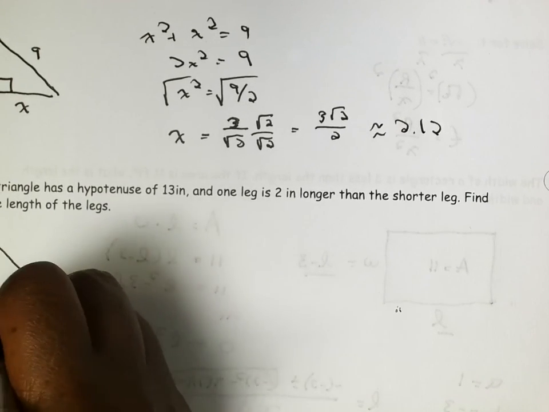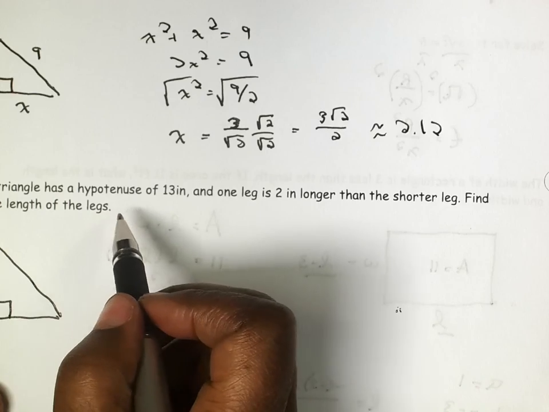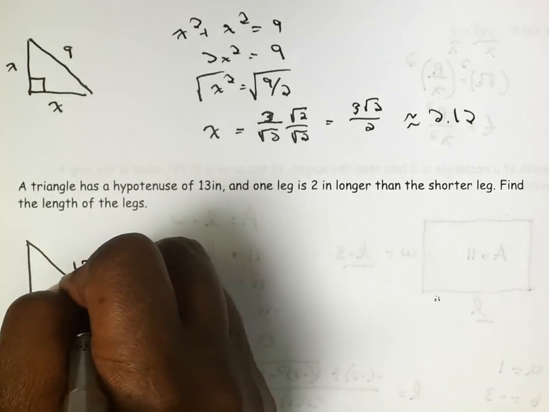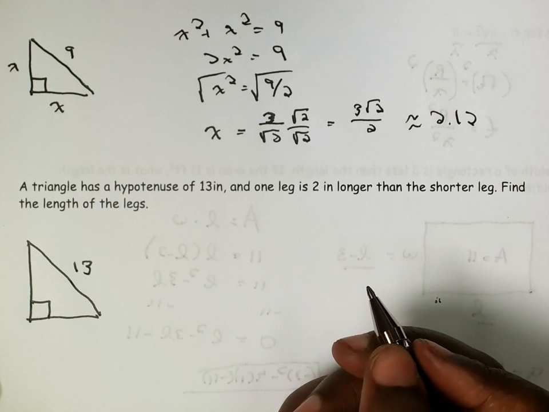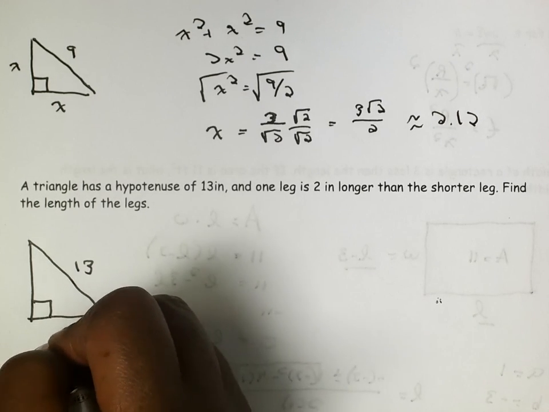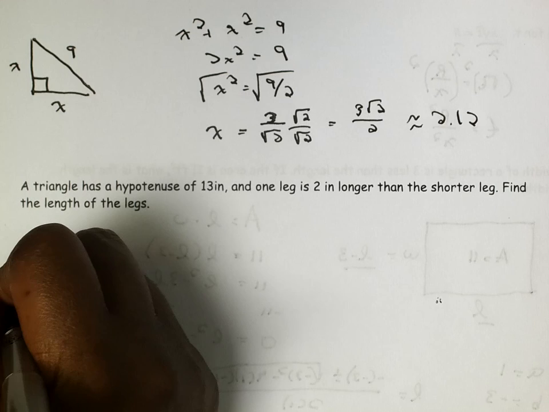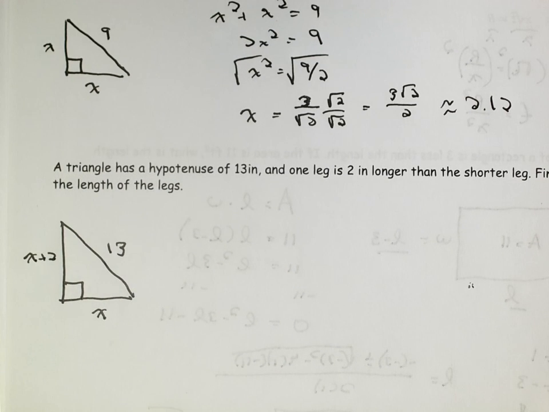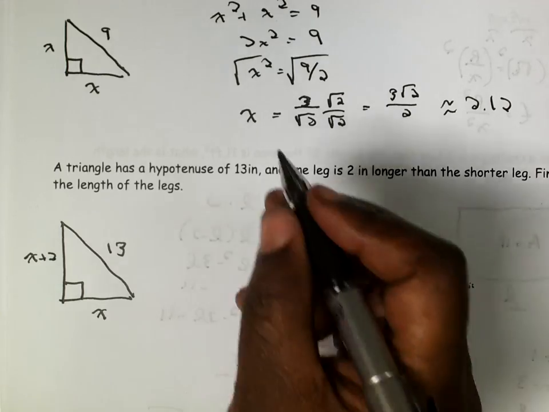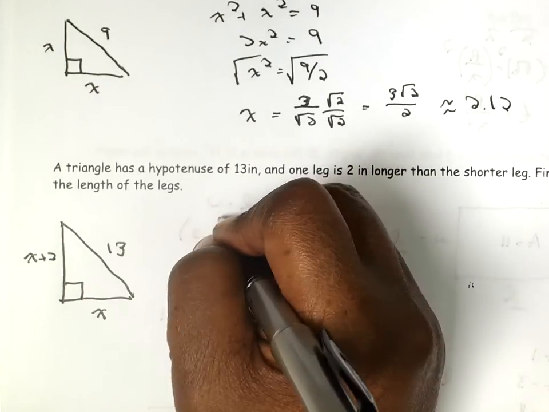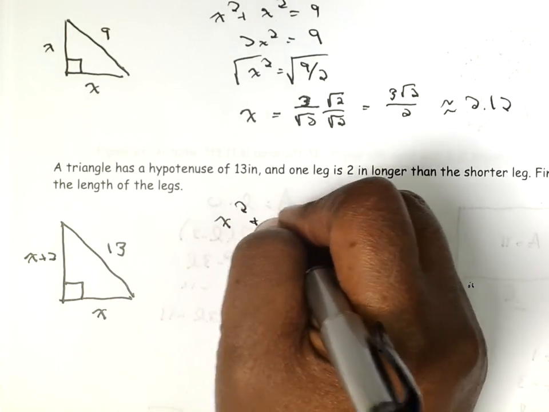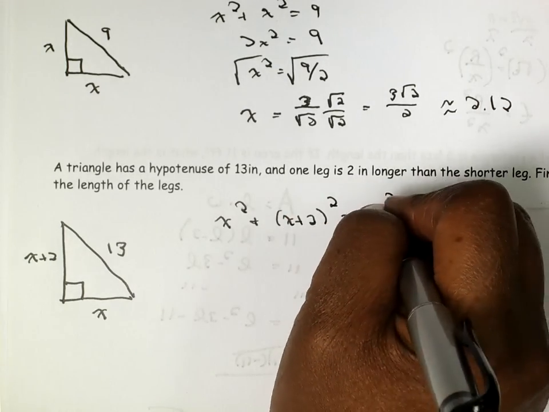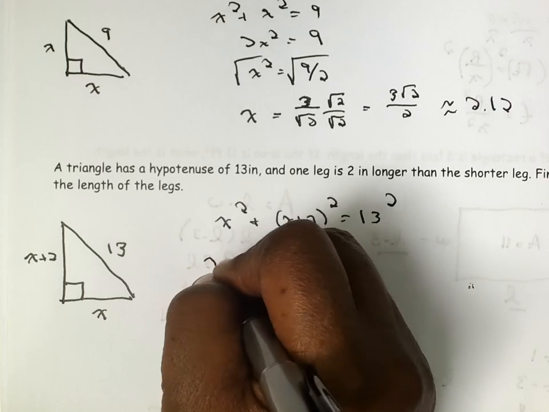And then again, we're talking about hypotenuse, so I know it's a right triangle. Has a hypotenuse of 13. One leg is 2 inches longer than the shorter leg. So if one leg is x, the other one has to be x plus 2. And we want to find the lengths of the legs, so Pythagorean theorem, x squared plus x plus 2 squared is equal to 13 squared.